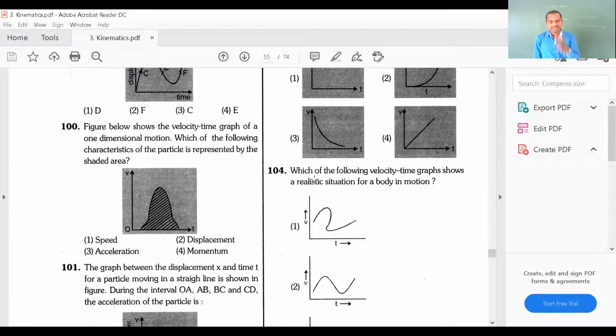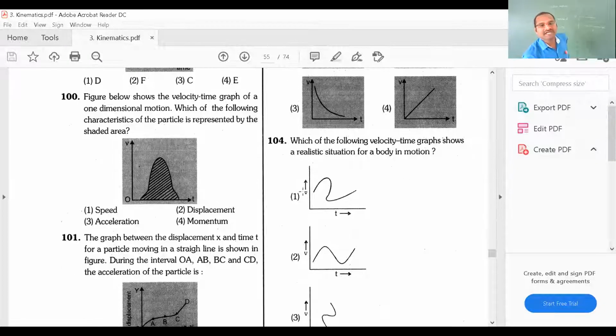Question 104: which of the following velocity-time graphs shows a realistic situation for a body in motion? Take this graph and see, at one particular time, this line indicates that at this instant the body has 1, 2, 3 different velocities.